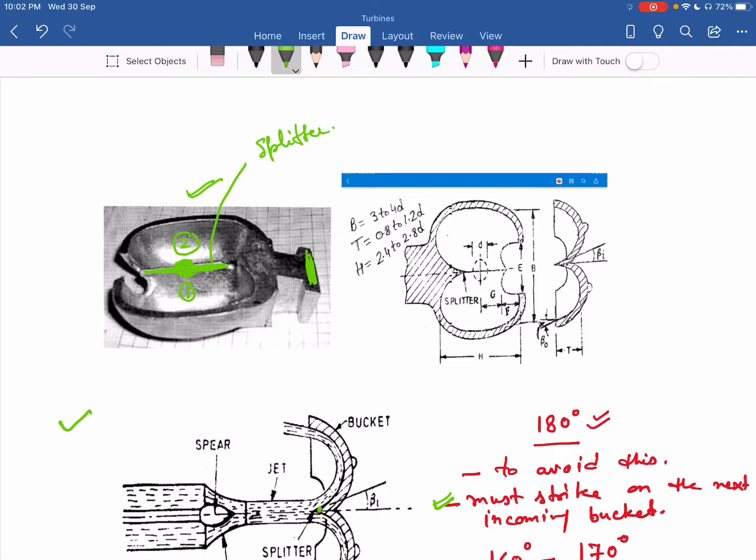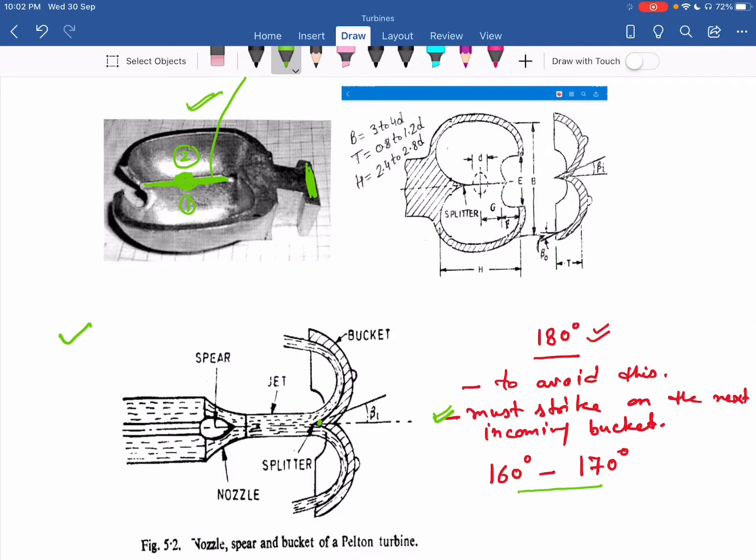Now to get the full impact of the striking water, when this jet strikes the splitter and is divided into two parts, the jet deflects back from this side. The impact is maximum when this deflection is 180 degrees, when the jet after deflection returns back parallel to the incoming jet. But there is a disadvantage to this.